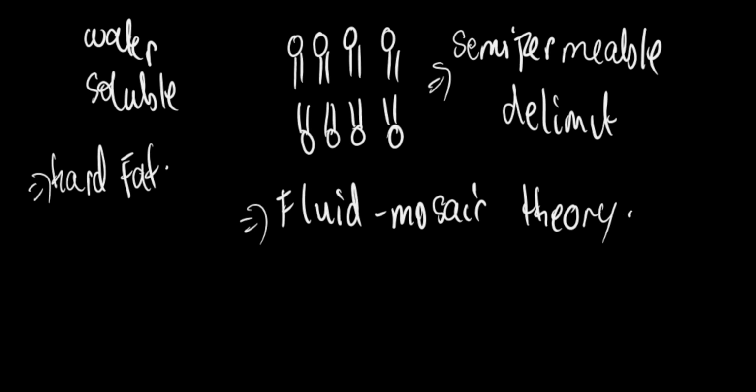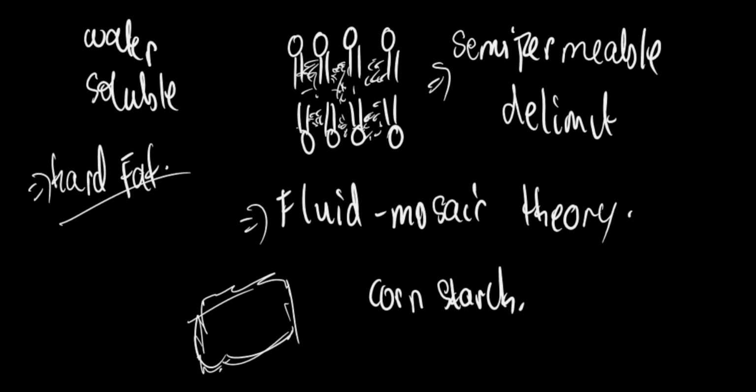The plasma membrane, which is made of phospholipid, is assumed to have a fluidity to it. Cholesterol helps to stiffen the plasma membrane. It's like when you have a runny soup and then you add cornstarch to thicken it, to change the consistency. That's what cholesterol does to the plasma membrane.